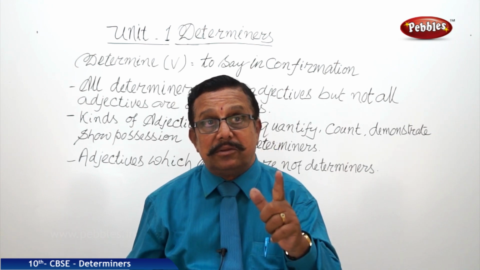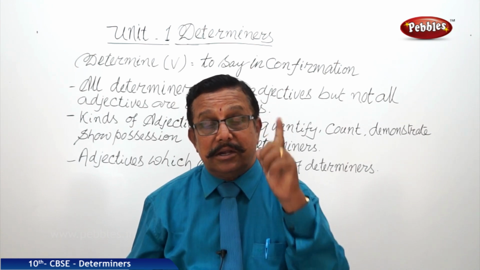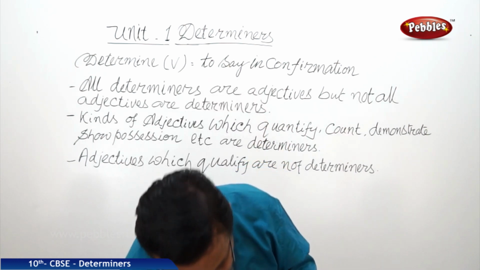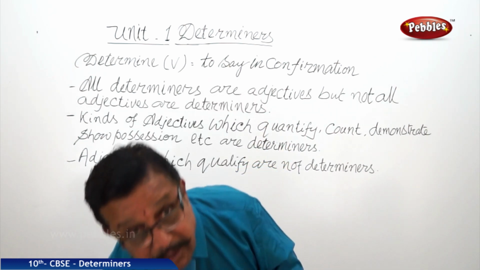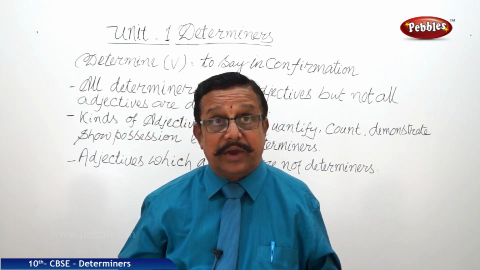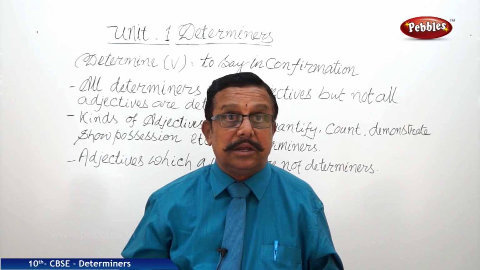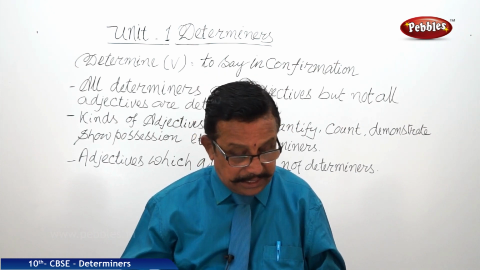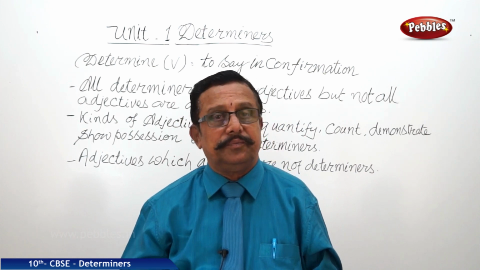So one thing we learnt is that determiners are classified. One, articles. Examples are a and the. And second is possessive.